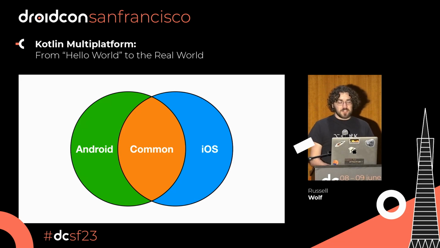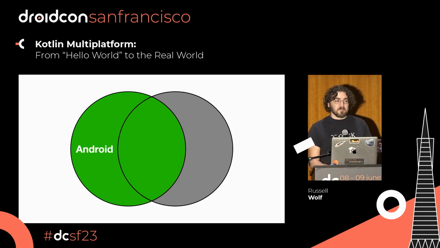The mental model I like to use when I think about multi-platform things is this Venn diagram. So the left side is the Android code that you may be used to writing on the JVM. And when you can pull out parts of it that don't actually depend on Android or JVM APIs, you get this common subset. And then that can run on other platforms like your iOS code, which then can also include other parts that talk to iOS-specific APIs.